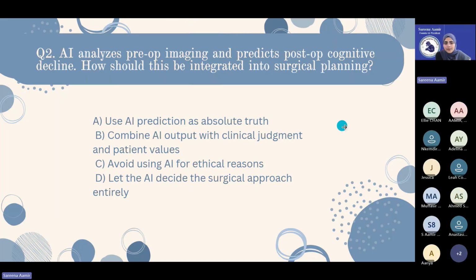Okay, we got a couple of B's, and that is correct, because AI output is most of the time correct, but if there are mistakes in that AI output, they can be very big, and can cause a lot of complications later down the line while you're doing the surgery or even post-operatively. And obviously the doctor is there to have clinical judgment.